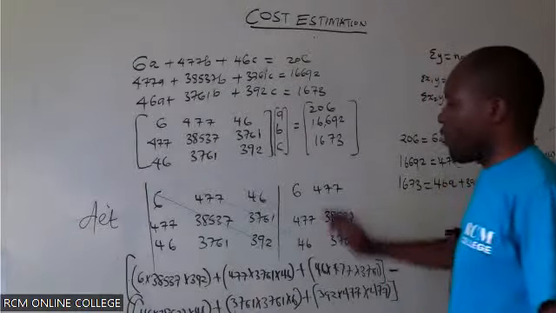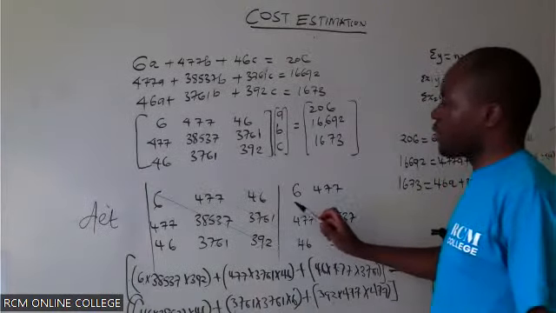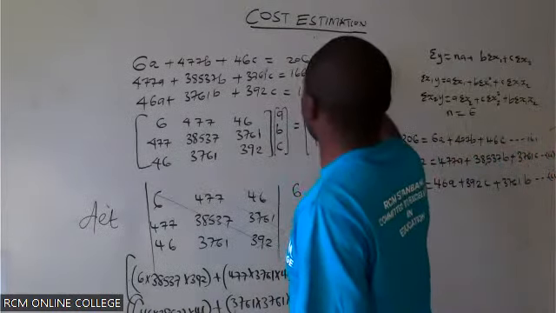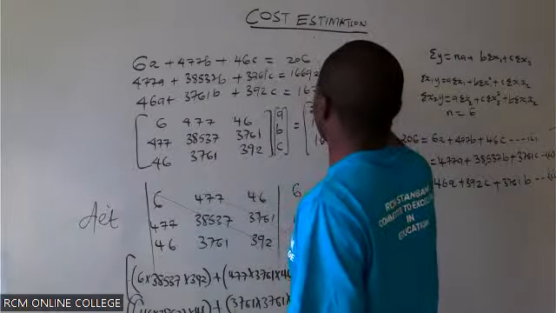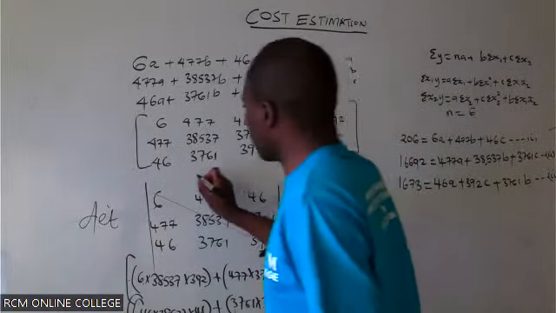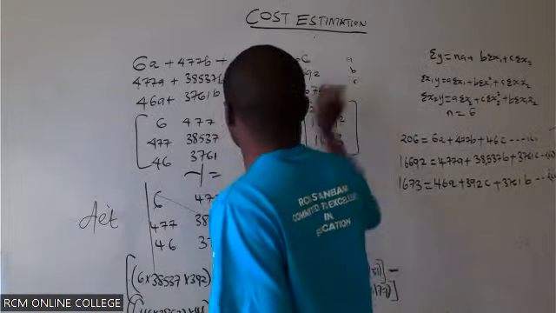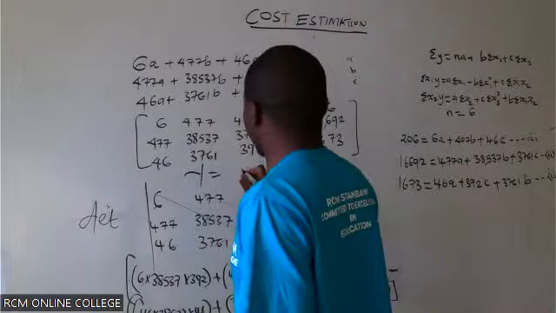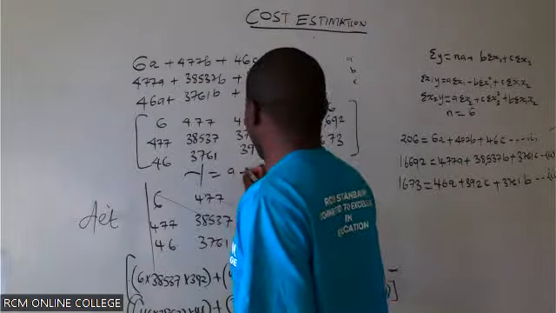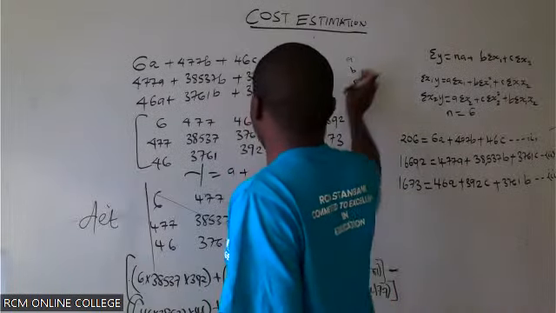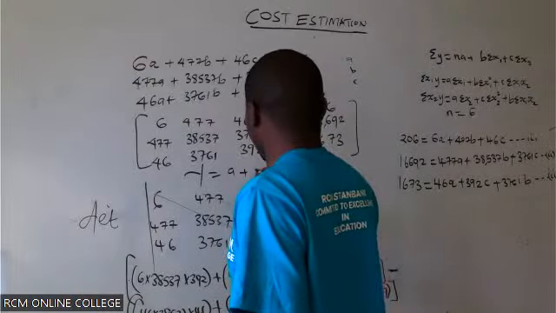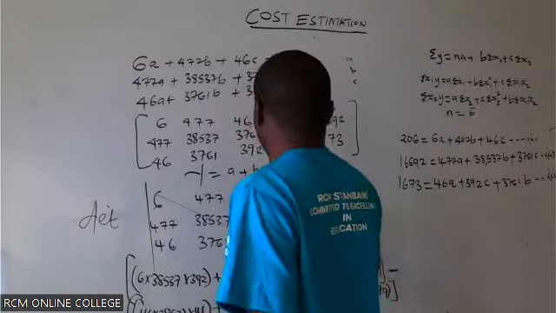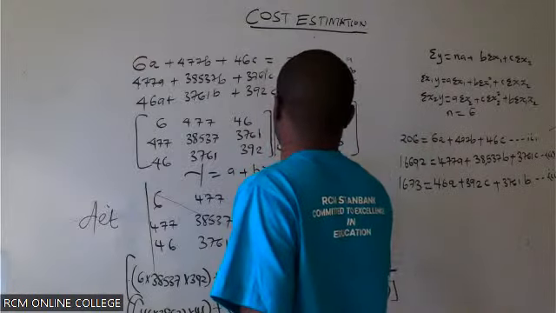Then you go ahead and get the value of A, the value of B, the value of C. Once you do that, you just say Y is equal to the value of A, plus the value of B times x1, plus the value of C times x2.